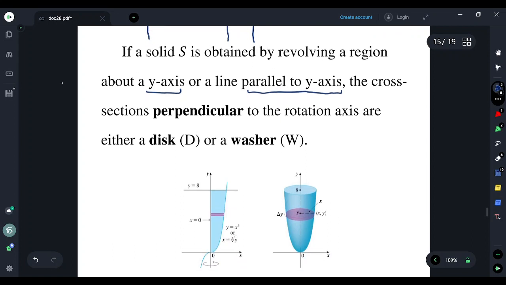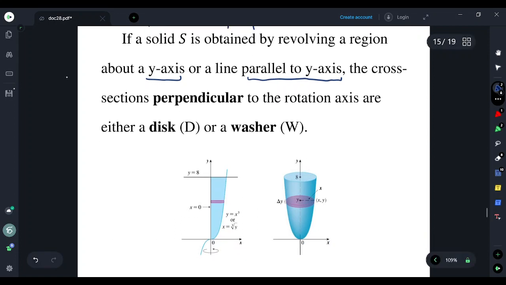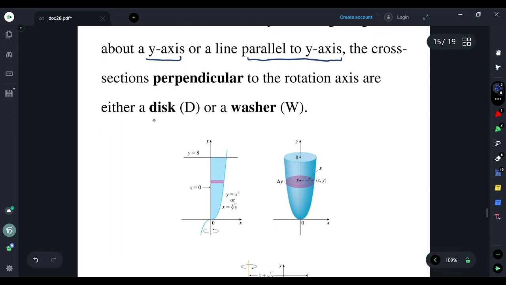We're gonna follow the same way as the previous case. That means we're gonna find the cross-section area, the cross-section that is perpendicular to the rotation axis. Once again, it's gonna be either a disc or a washer.